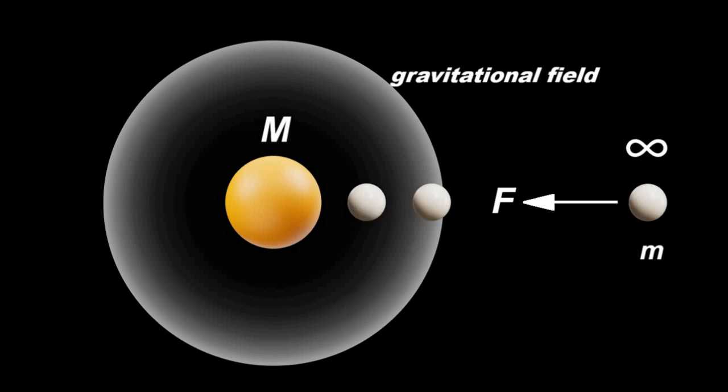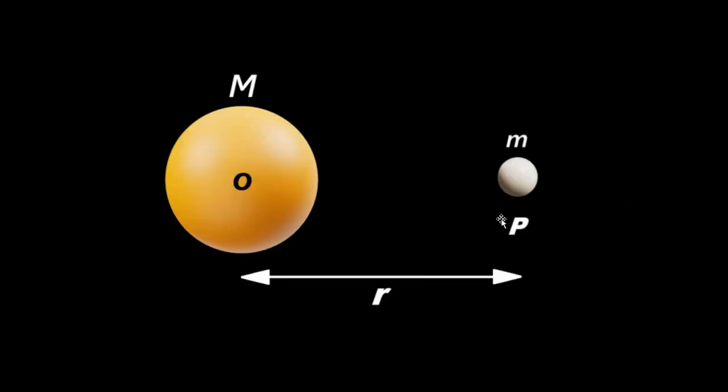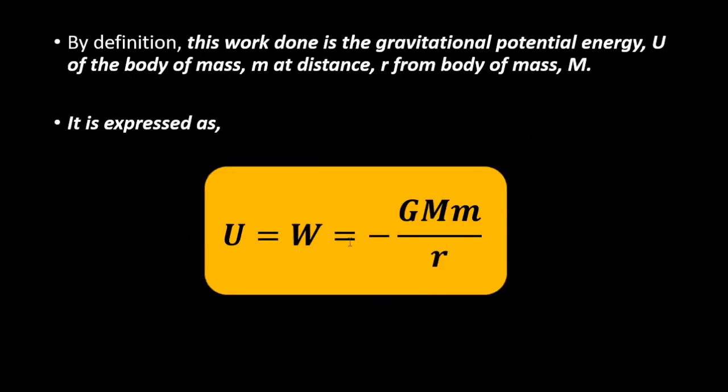So the total work done in bringing the two masses to a certain separation distance, let's say small r, is equal to the gravitational potential energy, which is equal to minus capital G capital M small m by small r. Capital G is the gravitation constant, capital M is the source mass, small m is the test mass, and small r is the separation distance.